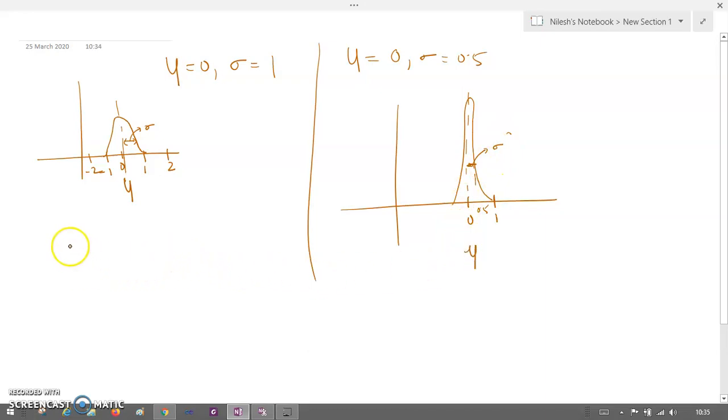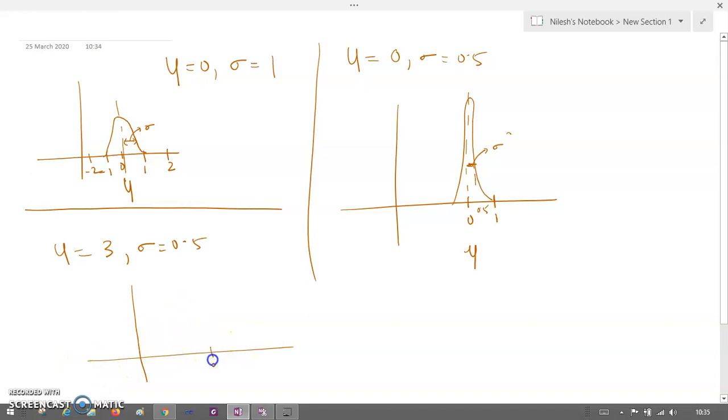In the same way, if your mu is equal to 3 and sigma is equal to 0.5, then you just have to shift your mu to 0, 1, 2 and 3. This is where the graph is going to be.